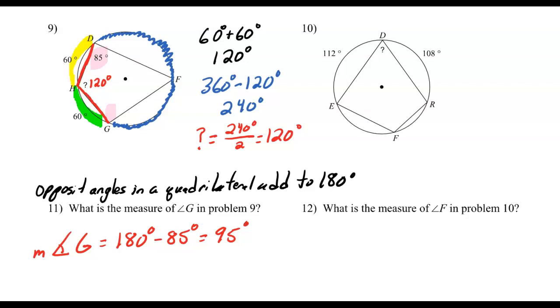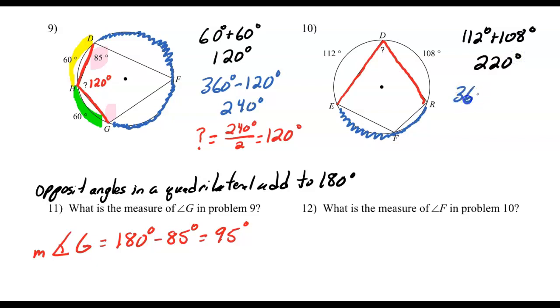If we look at problem number 10, we want to find this angle. Outline it in red. Again, if I knew this blue arc, I would be able to take half. So for this problem, a full circle again is 360. So if I add 112 plus 108, I get 220 degrees.